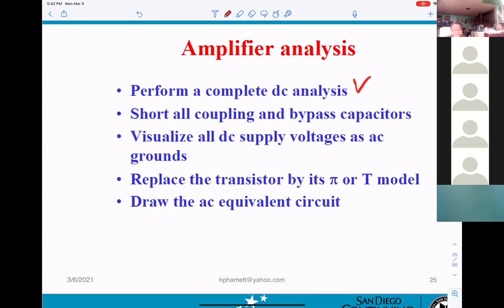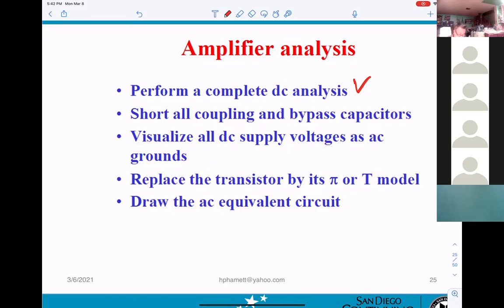That means without the DC voltage, the transistor cannot work to make an amplifier. And also I want to make sure you're following the rule here.